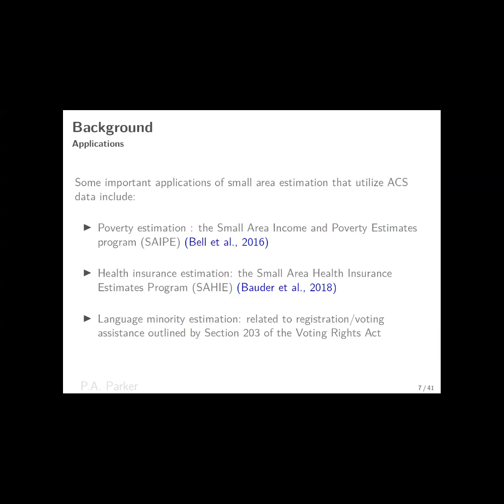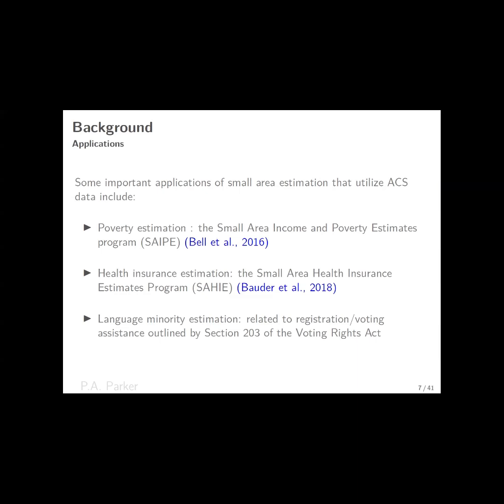Very similarly, there's the Small Area Health Insurance Estimates Program, or SAHIE, where the goal is to estimate health insurance rates for these regions as well. These two programs are used by the federal government to allocate billions of dollars in federal aid every year. You can think of targeted interventions, putting resources towards poverty and health insurance where it's most needed. So these are very important estimates that come out of small area estimation models.